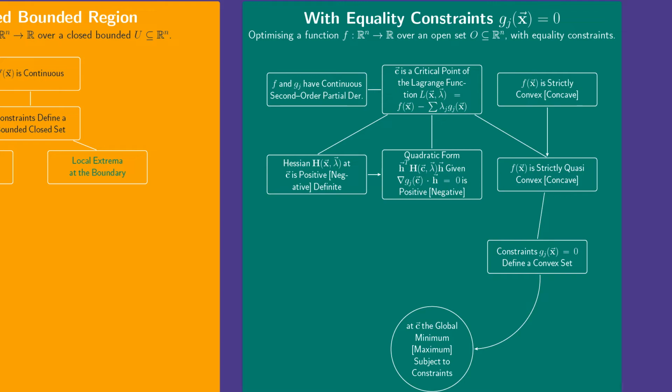Moving in other directions would get us out of the region defined by the constraints. So if the quadratic form at C is positive or negative for all non-zero vectors H that satisfy the perpendicularity condition, recall that vectors being perpendicular is equivalent to the dot product being 0, then we have at C a local minimum or maximum, respectively.